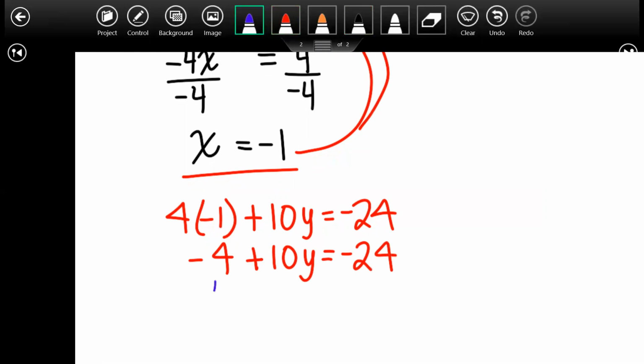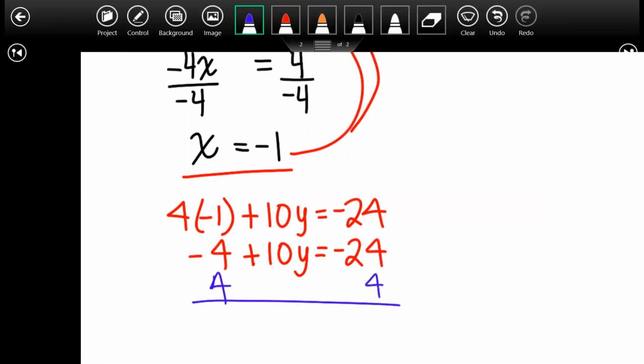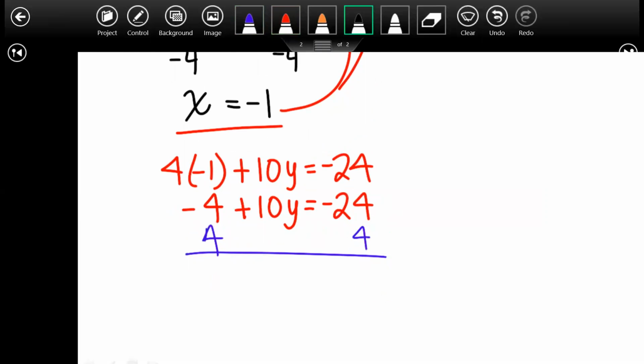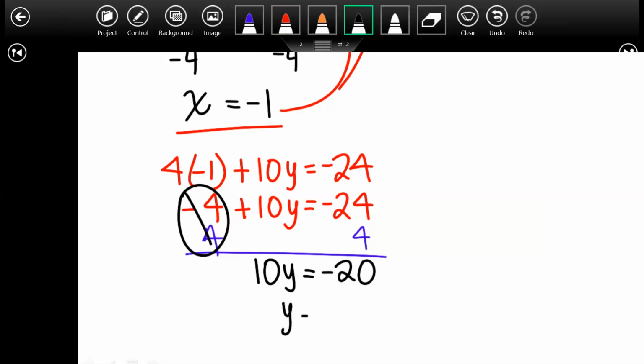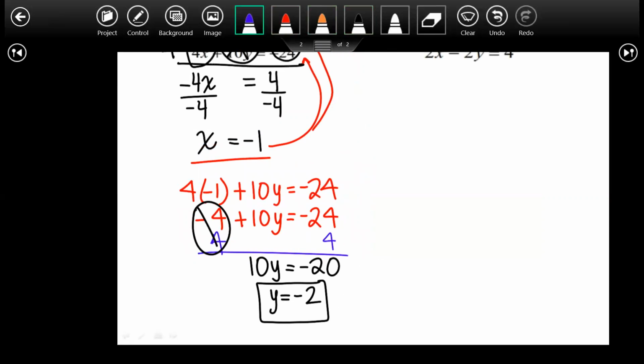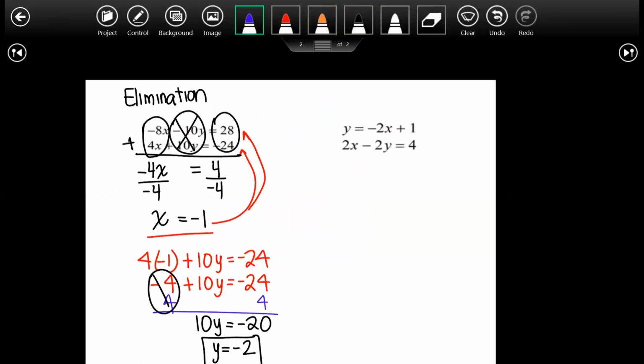Adding 4 to both sides. What's our solution? Negative 1, negative 2.